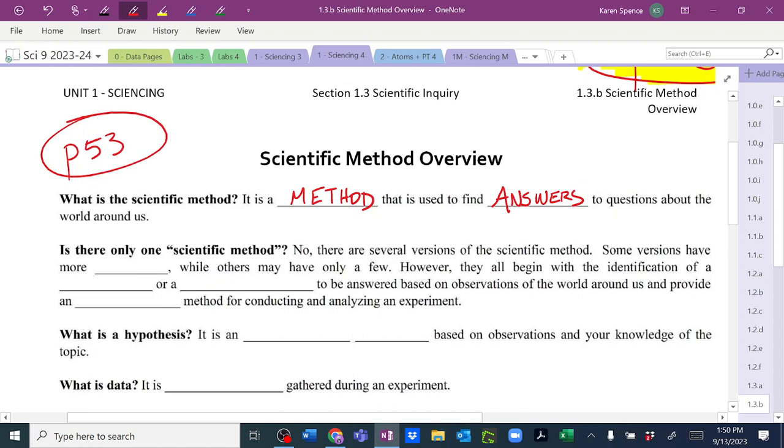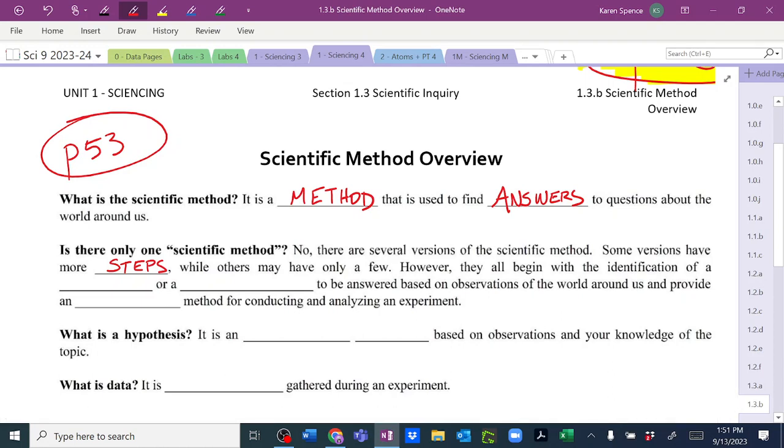Is there only one scientific method? No, there are several versions of the scientific method. Some versions have more steps than other versions. Okay, so some versions have more steps and others might have only a few steps.